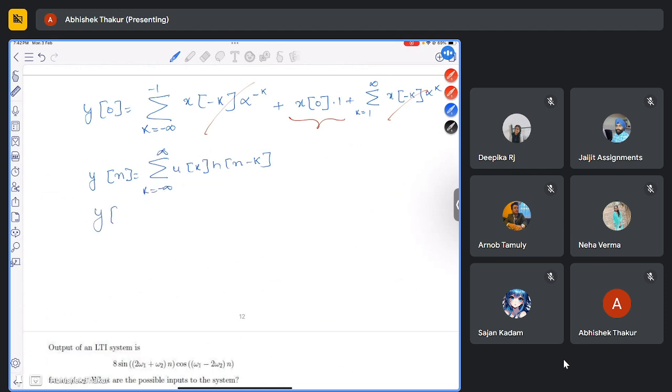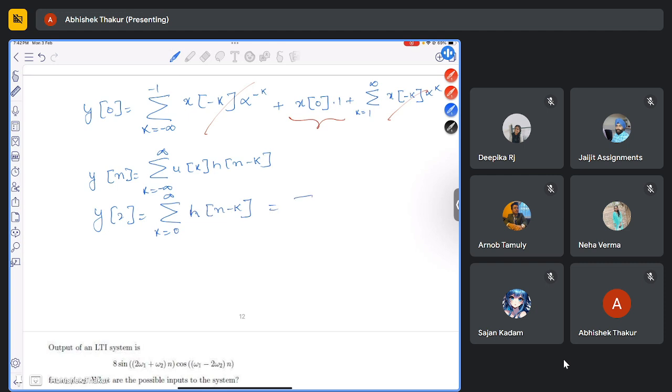Here we have to find y of 2. Y of 2 is equal to, this u of k is 1, so 1 into h of, and k should be greater than or equal to 0 only. For negative values it will be 0. So k is 0 to infinity, u of k will be 1, and h of n minus k, let it write as it is.